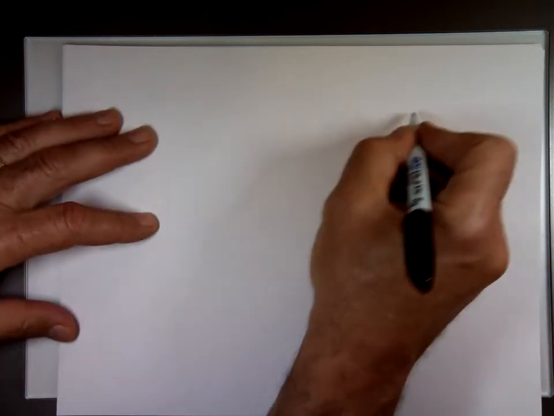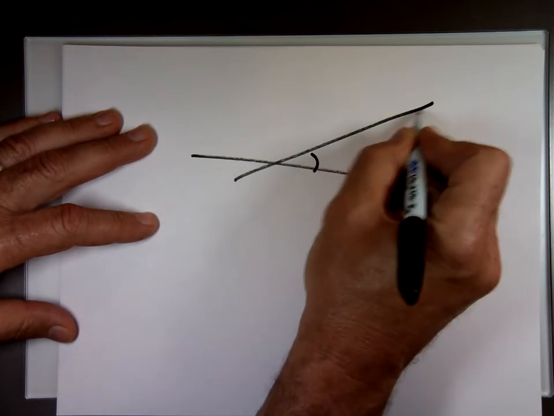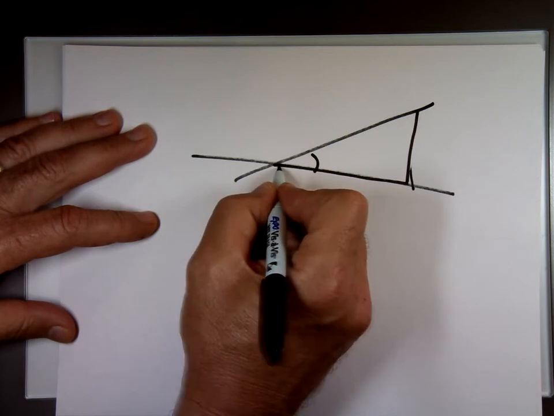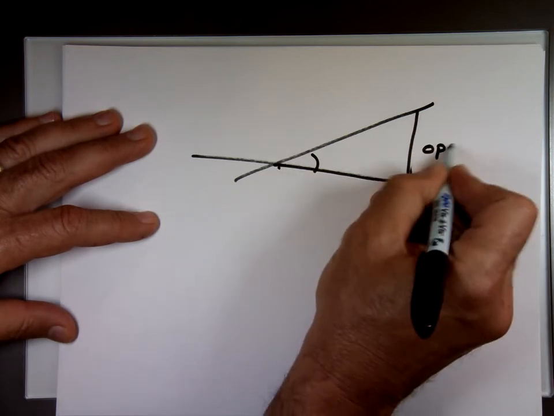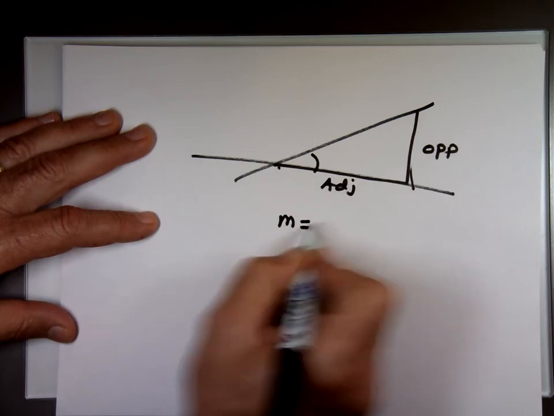The reason for the letter m, it's from a Greek word meaning slope. But for a straight line, the slope happens to be tangent theta because it's the rise over the run. When you have a triangle, the slope m is the opposite over the adjacent.